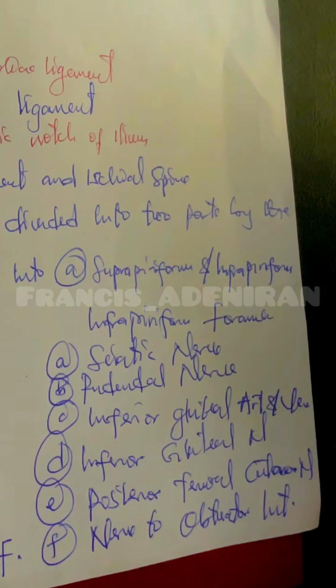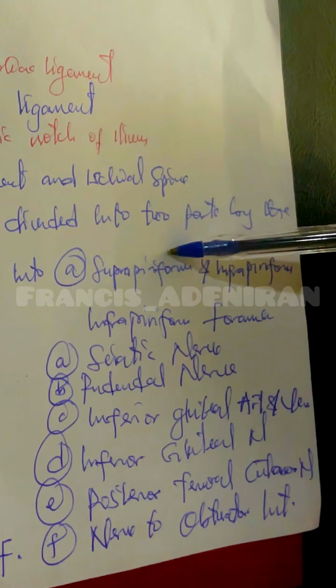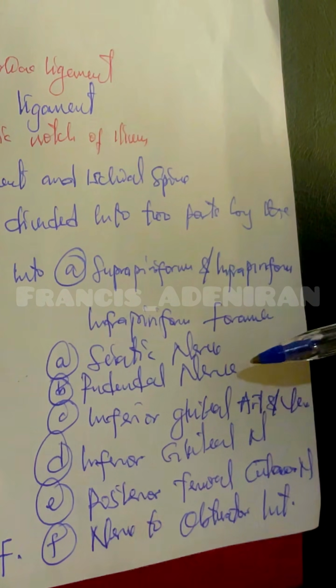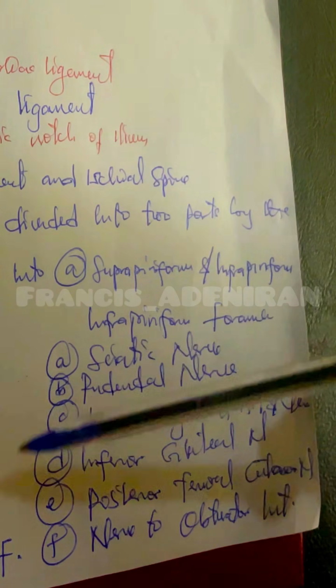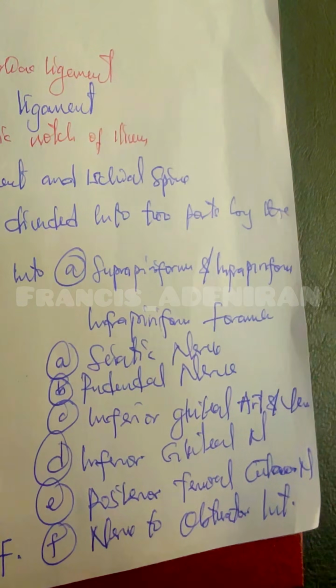We have the nerve to obturator internus and the nerve to quadratus femoris. So once again, the contents of the infrapiriform foramen are the sciatic nerve, the pudendal nerve, the inferior gluteal artery and vein, the inferior gluteal nerve, the posterior femoral cutaneous nerve, the nerve to obturator internus, and the nerve to quadratus femoris.